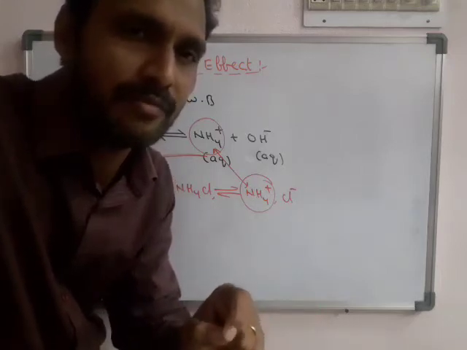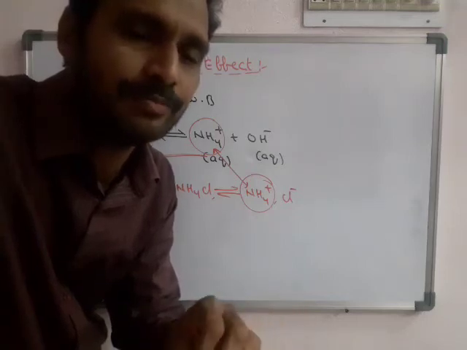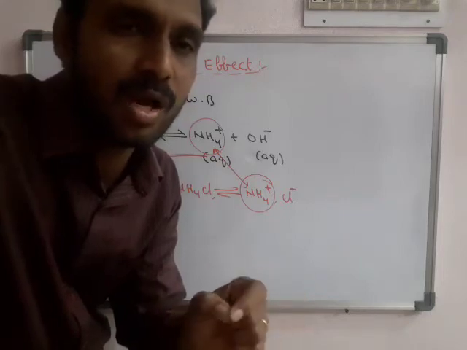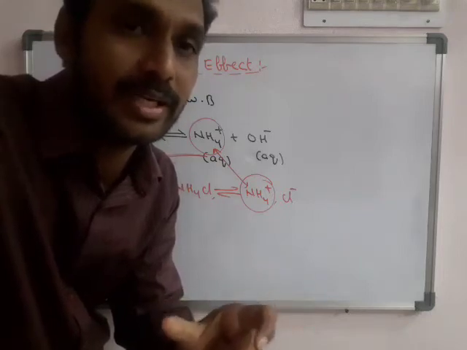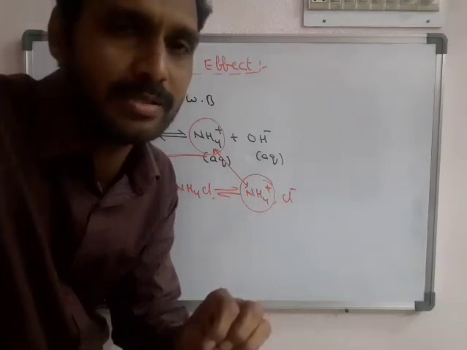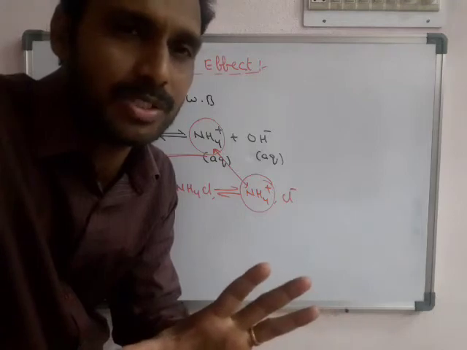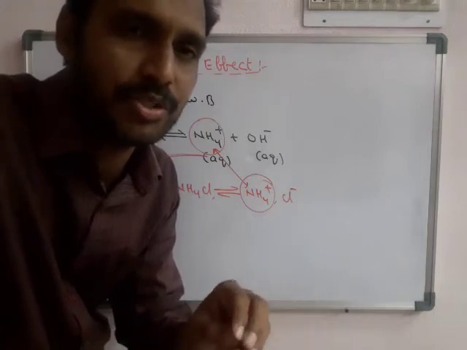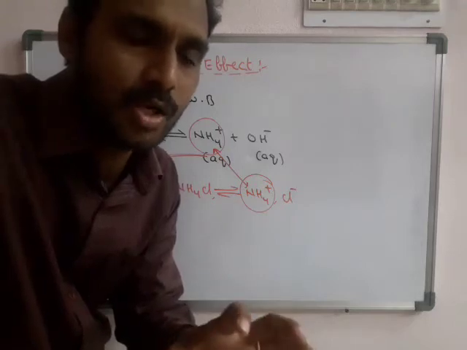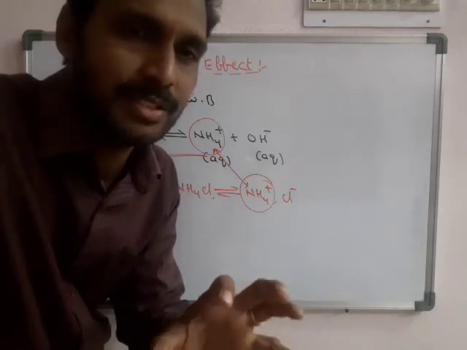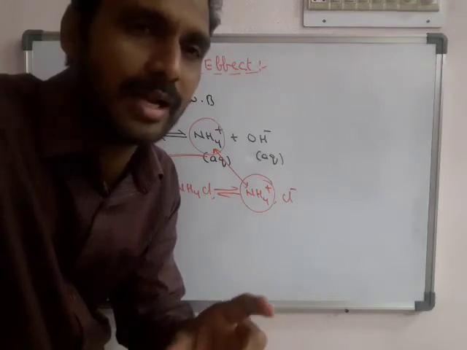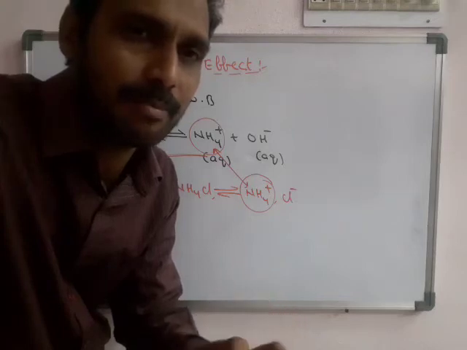Okay, this common ion effect has a best application in qualitative analysis. So, do we know what is meant by qualitative analysis? It means the procedure in the laboratory we do in the identification of different cations and anions, to identify the anions and cations in a given sample.